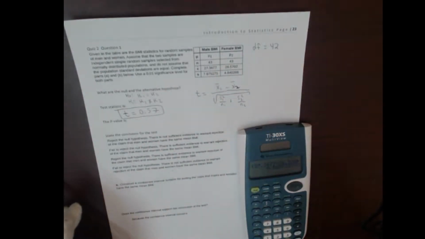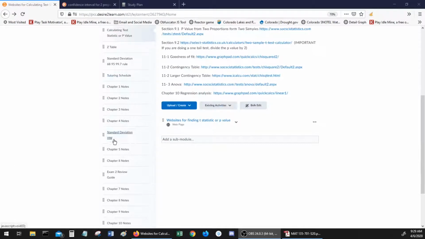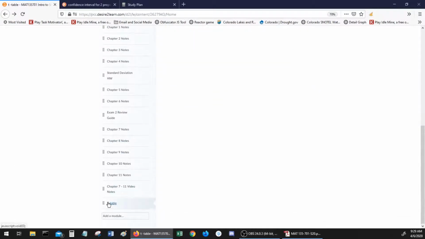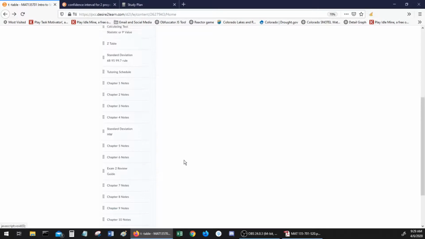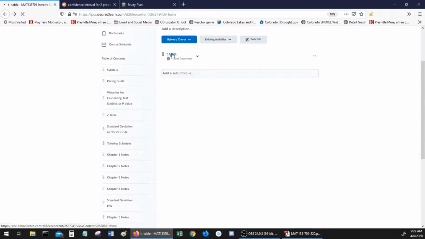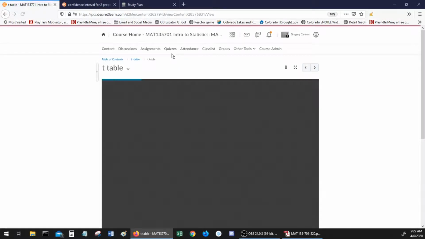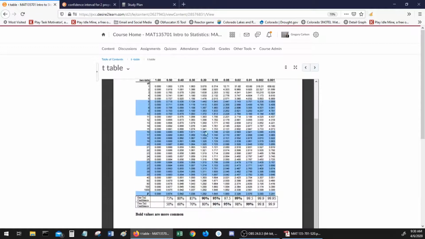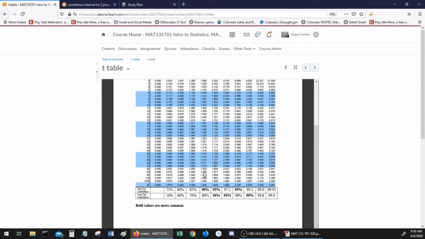So you pick the smaller of the two, or if they're equal, it's just n minus 1. Let's go ahead and look up our critical value. We come down here to the t-table. The significance level is 0.01, so it's a 1% significance level. That's two-tail, so 99% two-tail, 1% alpha.